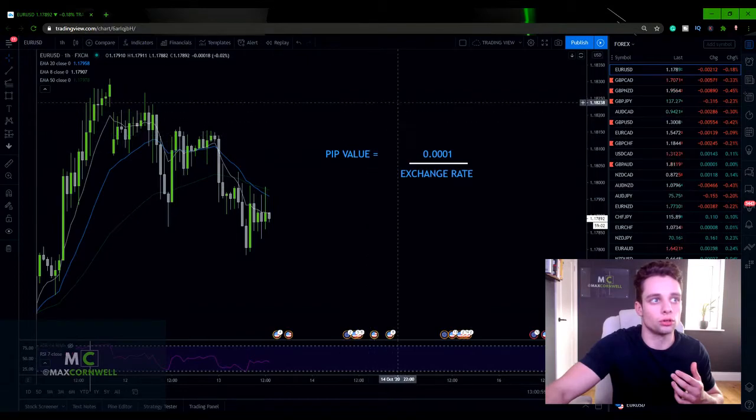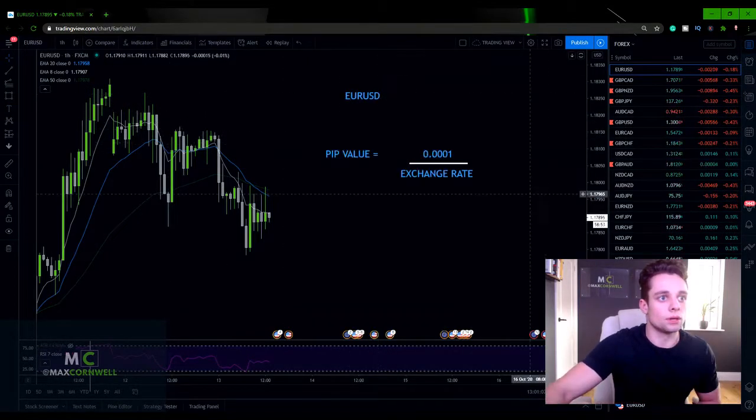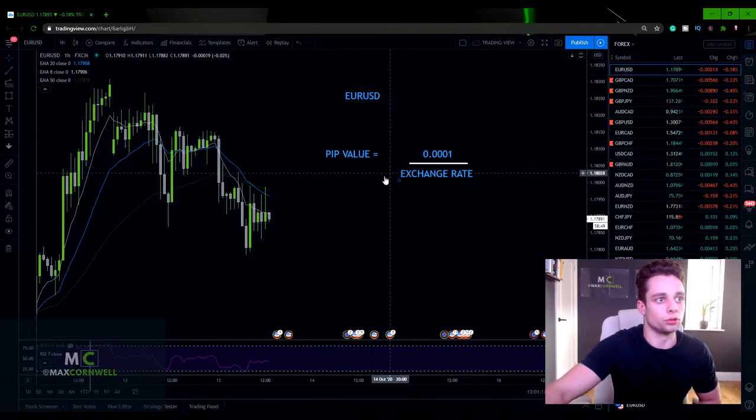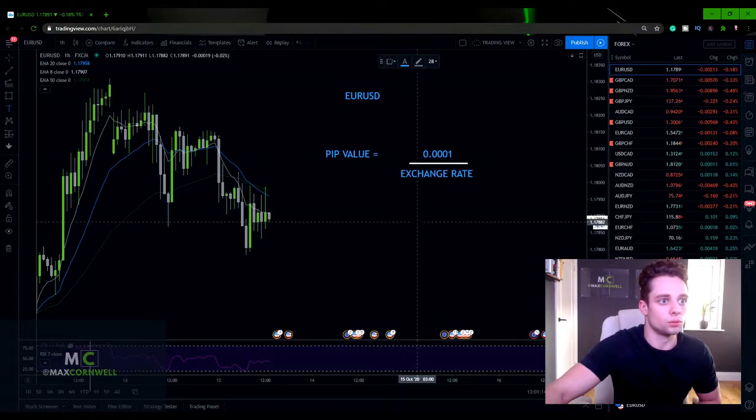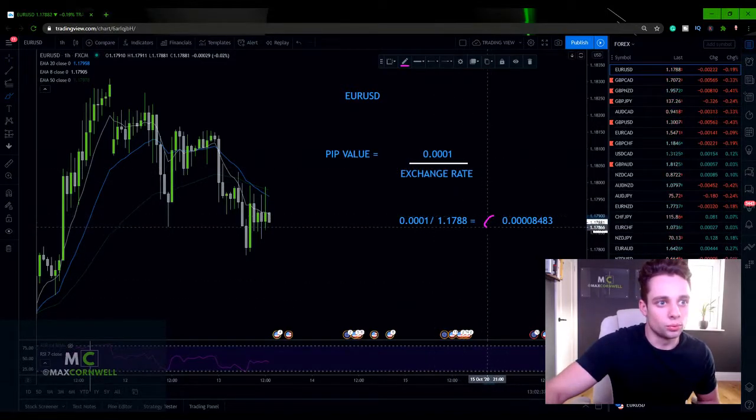So for the euro US dollar, let's just write that up here, euro US dollar. At the moment, we want to find out our pip value for the euro US dollar. So we need 0.0001 divided by 1.1788 currently, okay? Which gives 0.000084, and that is euros.